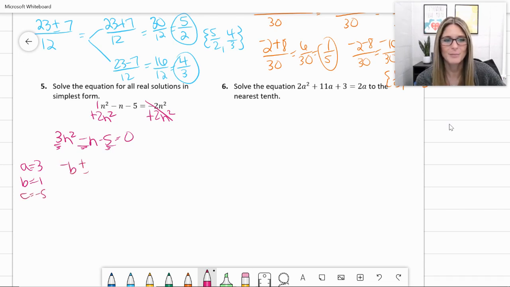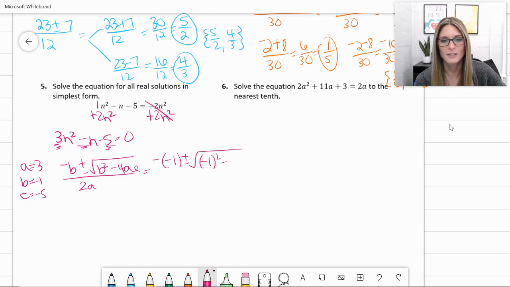Negative b plus or minus the square root of b squared minus 4ac all over 2a. So we're going to have negative negative 1 plus or minus the square root of negative 1 squared minus 4 times 3 times negative 5, divided by 2 times 3. So let's start simplifying.